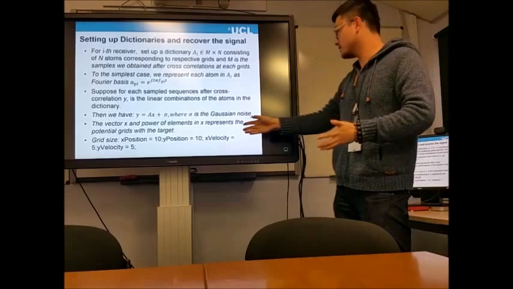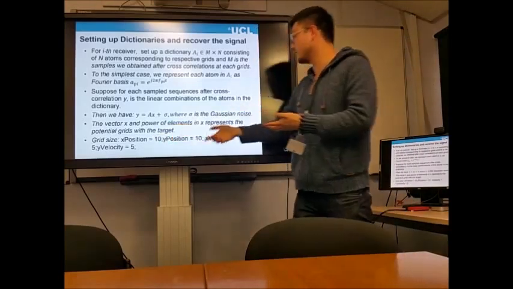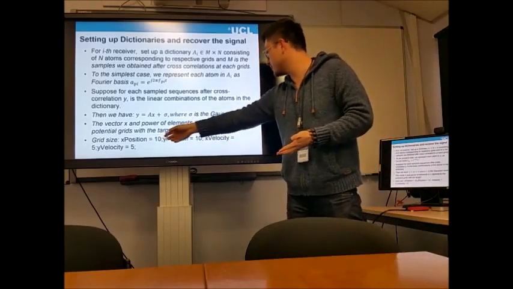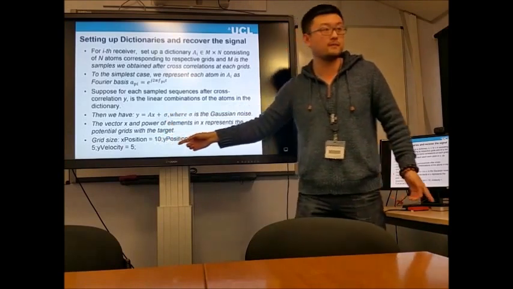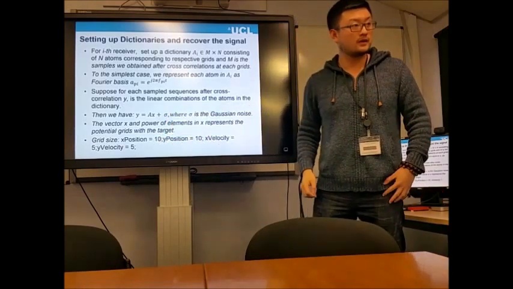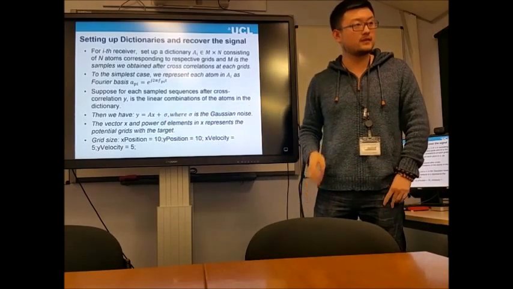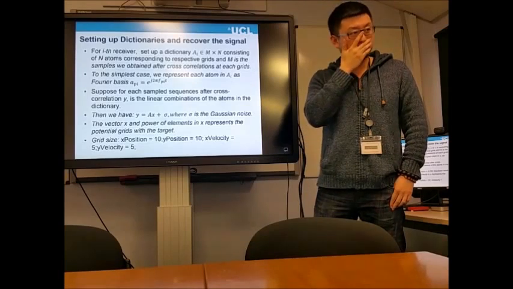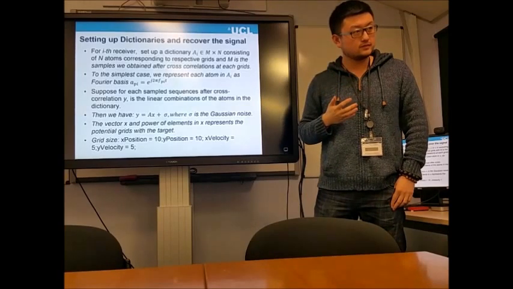In this simulation, we put the grid size to 10, 10, and 5, and 5. Can you calculate this grid offline then? Yes, yes. And then you're doing cross correlation to find which answer is most likely by correlating with this grid? Yeah.